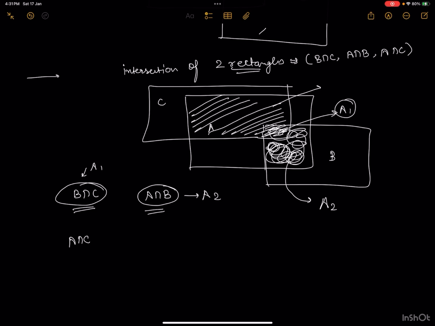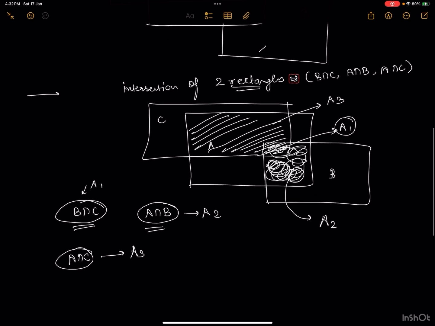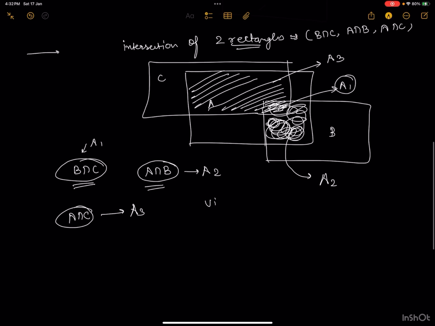So what we find is that B intersection C gives us A1, A intersection B is giving us A2, and A intersection C is giving us A3. So it's visibly conclusive. You can see visibly that A3 and A2 are larger than the A1 which we got from A intersection B intersection C.